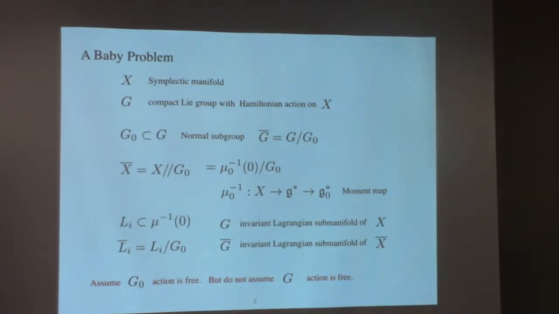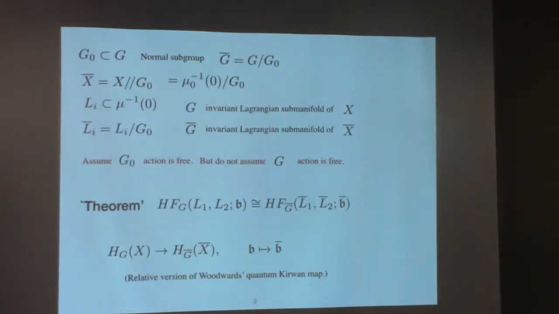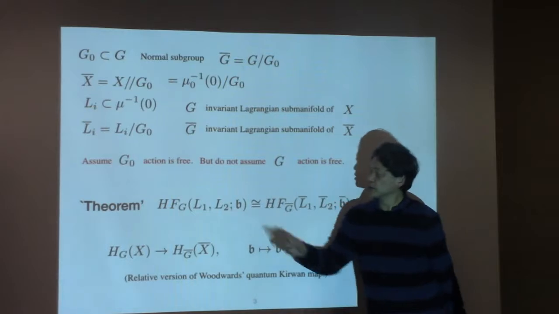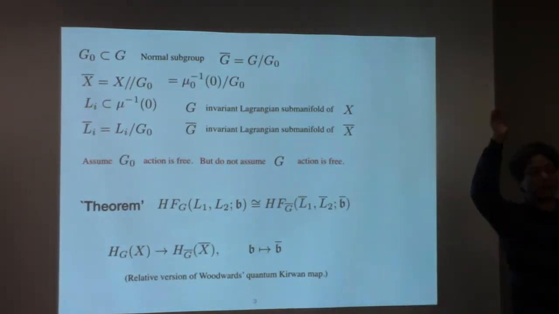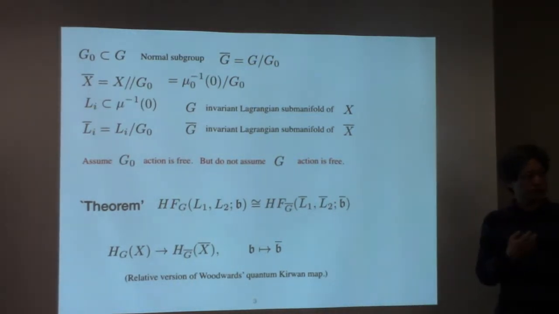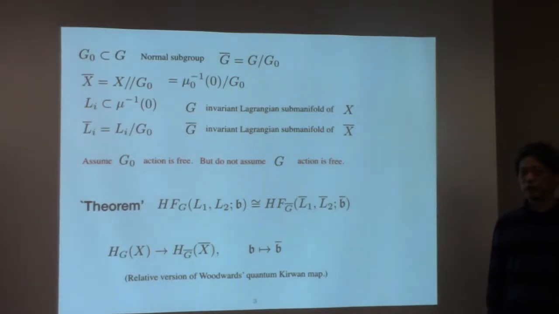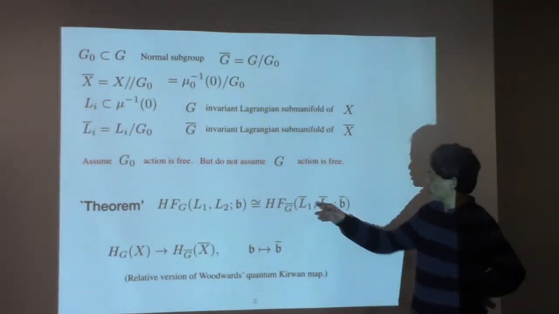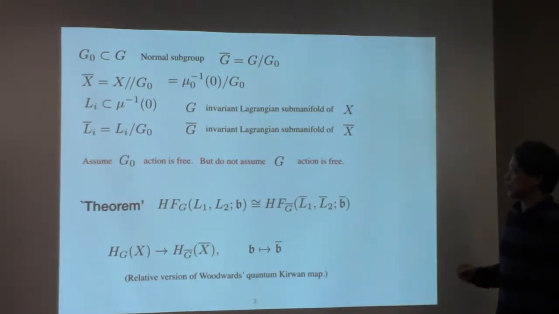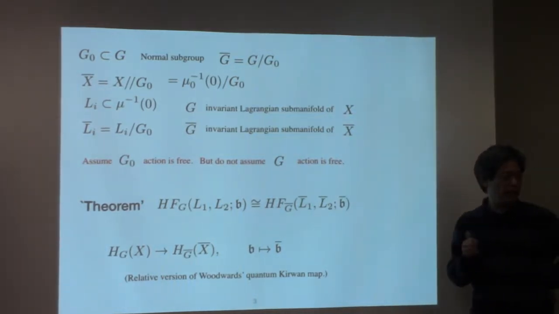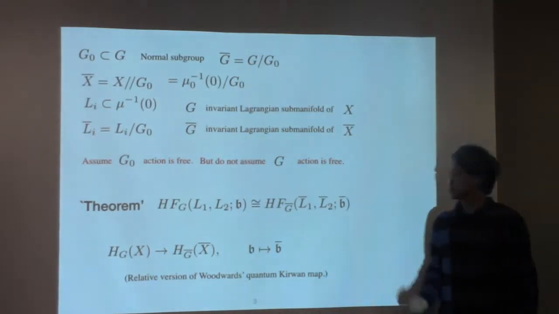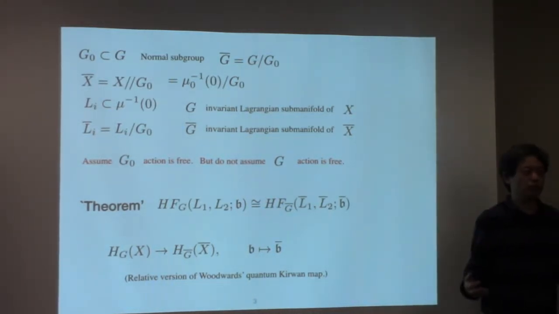And the claim of this baby theorem, baby situation, is the following. We consider the Lagrangian Floer theory of these two Lagrangian submanifolds above on X, the G-equivariant version of Lagrangian Floer theory. And then you consider the quotients L1 bar and L2 bar, and we consider the G bar equivariant versions. And the claim is that after something called bulk deformations, they become isomorphic.